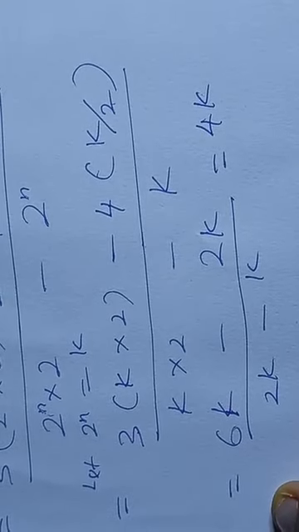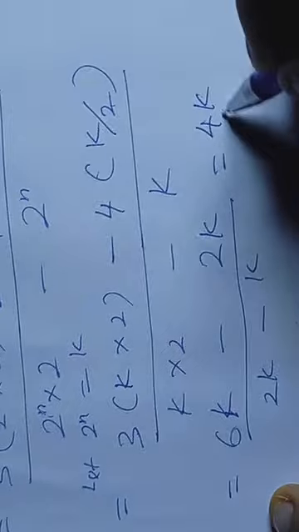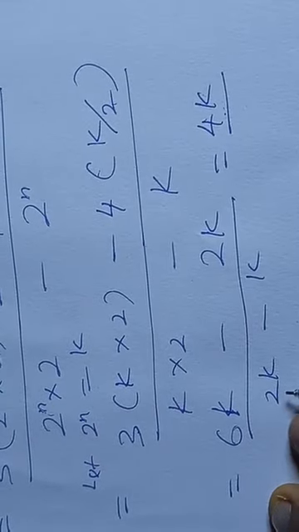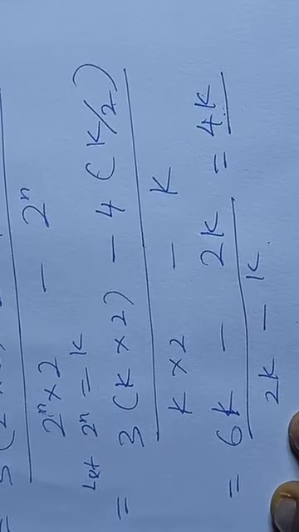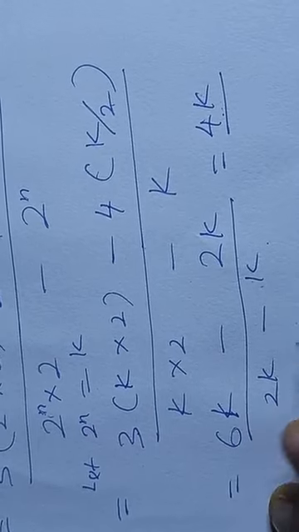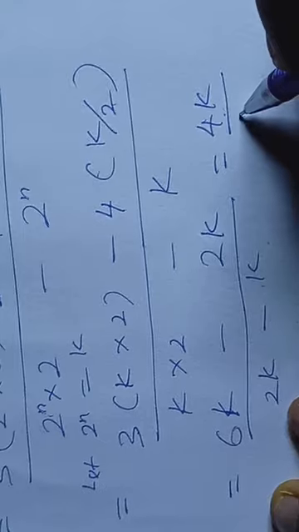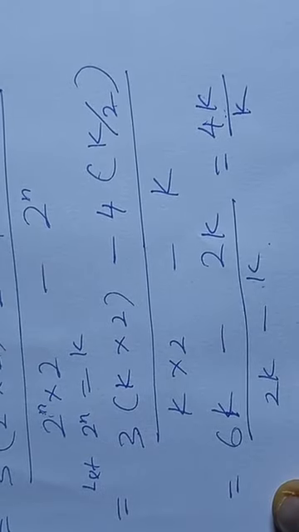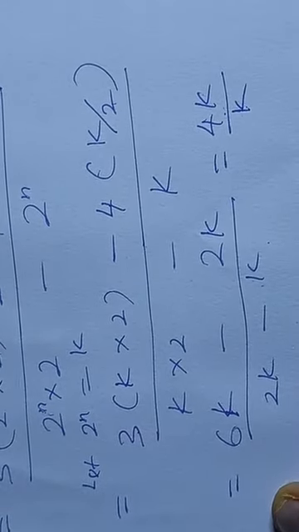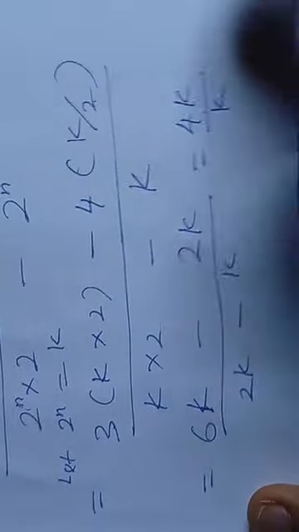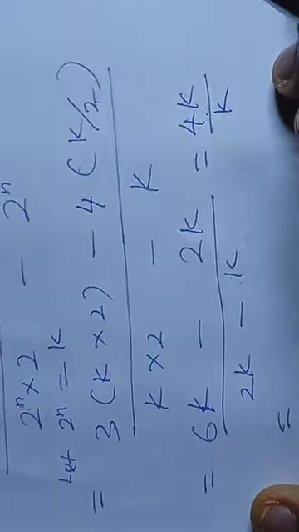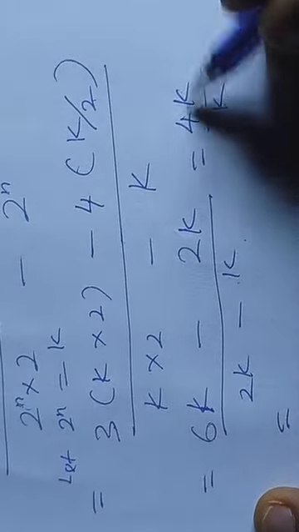Just subtract the coefficients. Then the denominator becomes 2k minus k, that's 2 minus 1, 1k, which gives us k. So finally, this will now become 4k over k.